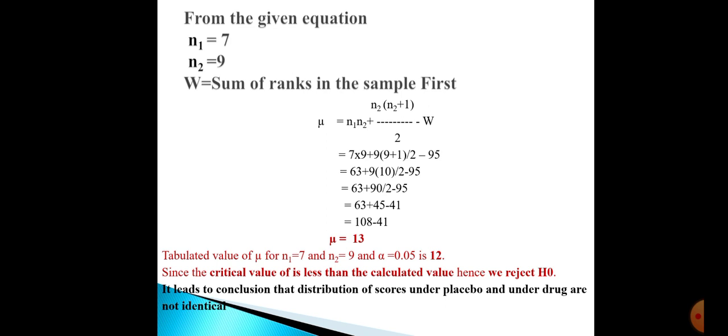What we have observed is that the calculated value U is 13 and the tabular value is 15. So the calculated value is less than the critical value. That's why we have to reject this hypothesis. This leads to the conclusion that the distributions of scores under placebo and under drug are not identical.